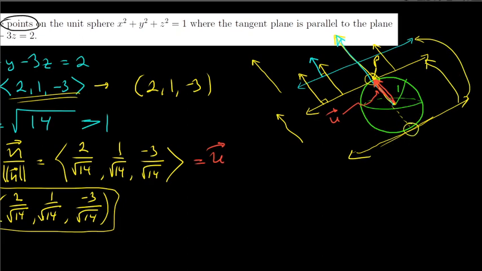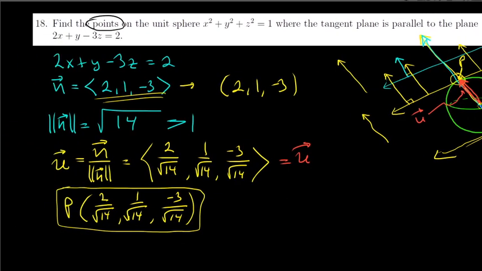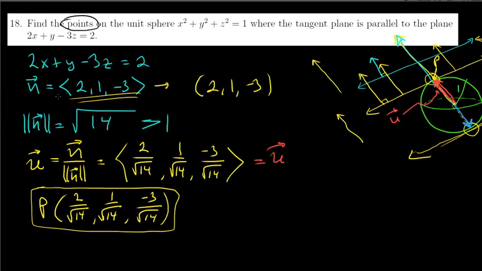But notice that it's a vector in the opposite direction, with the same magnitude; the magnitude is still 1. So in the opposite direction, you just get the negative components. Our point, I'll call it Q, will have coordinates negative 2 over square root of 14, negative 1 over the square root of 14, and z will be positive 3 over the square root of 14.